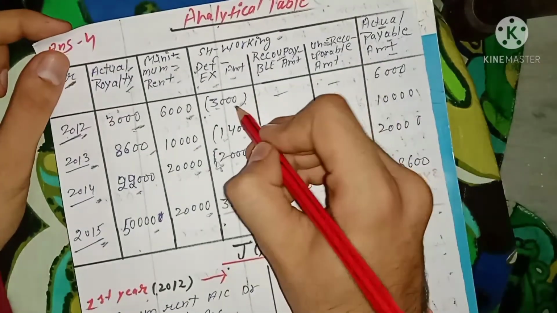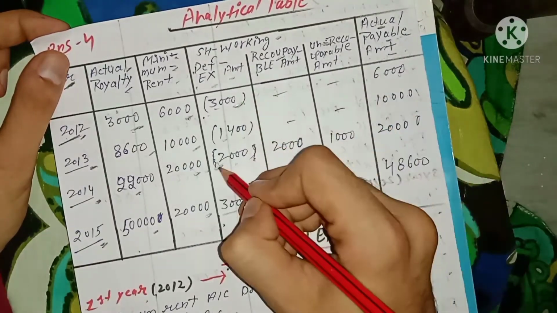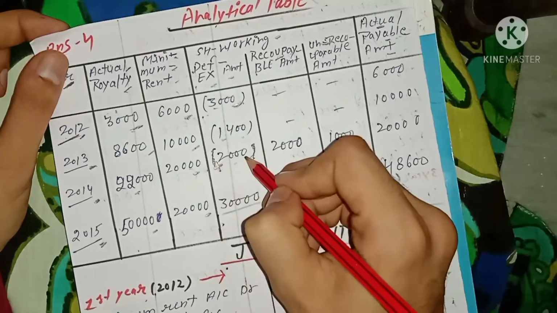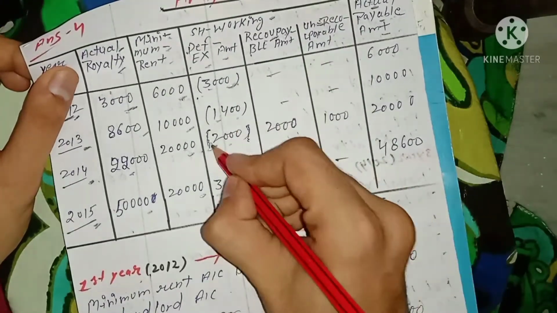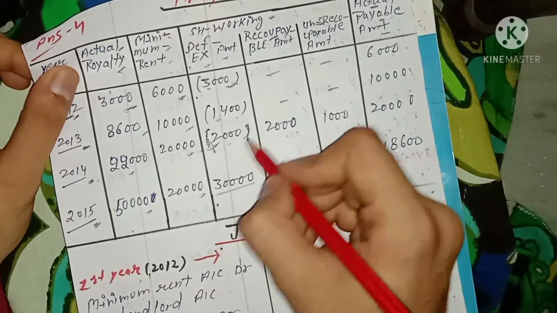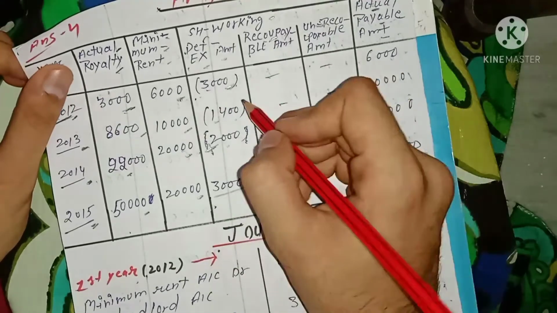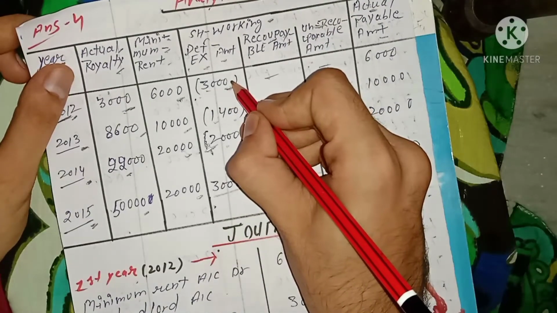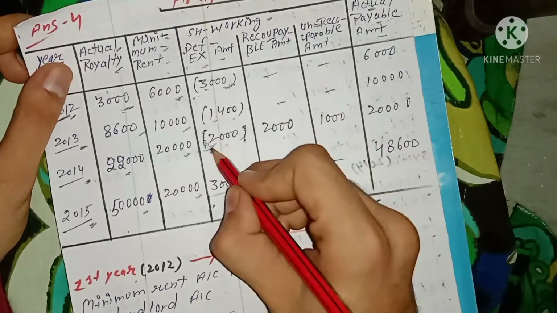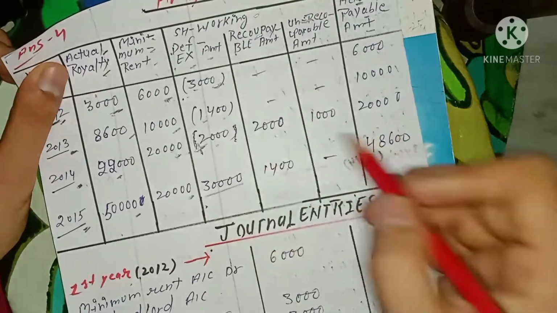So as per the terms and conditions, this 3,000 amount of short working can be recouped out of this 2,000 excess working amount, which is only 2,000. So due to having an insufficient amount of excess working, the lessee will only be able to recoup 2,000 out of the 3,000 amount of short working, as the recoupment amount.